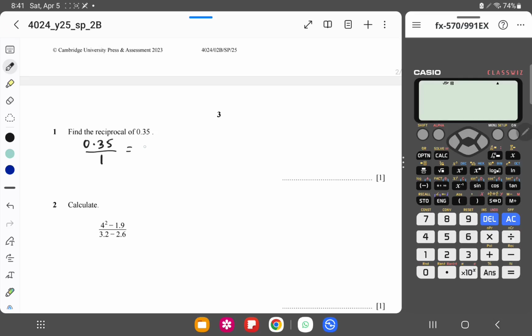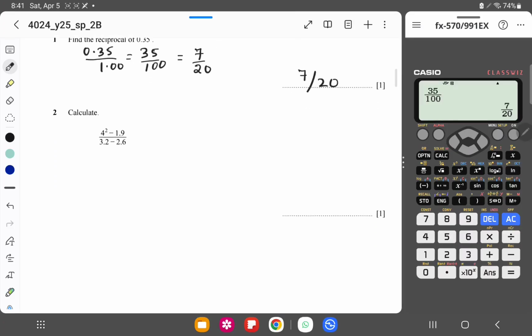If you just remove the decimals, you put 2 zeros over there, so 35 over 100. So 35 upon 100 is 7 over 20, the answer for this question. 1 mark question. Always write your answer here in the answer space.